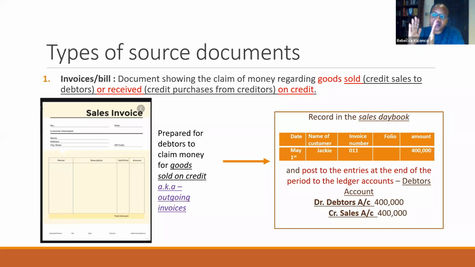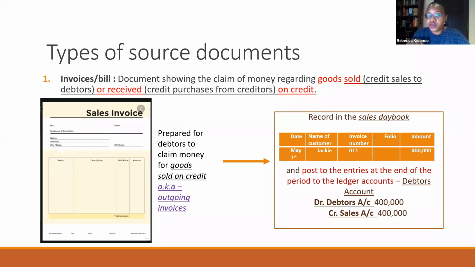In a normal book, if you've been to any business, there are 3 copies: the original copy, a pink slip, and most times a blue slip. These are carbon copies of the original sales invoice or original source document. The original is usually given to the customer, in this case the debtor, and you remain with the other copies that you will use to input into your records.